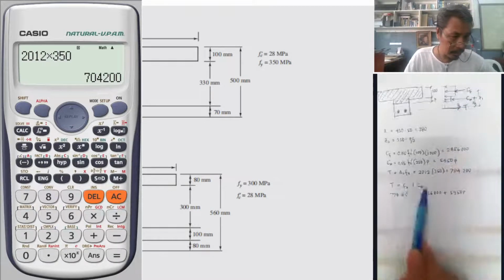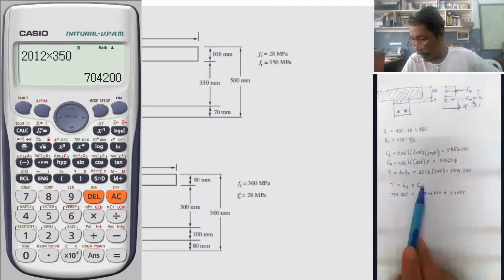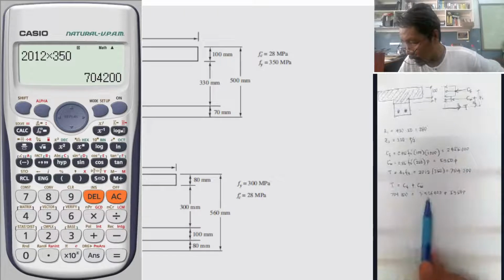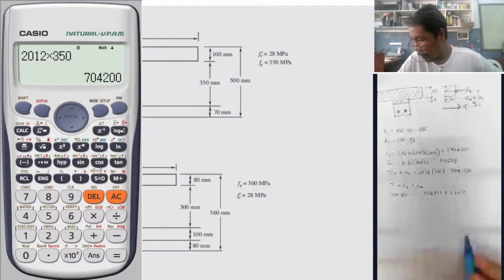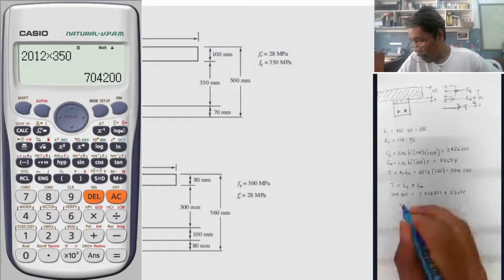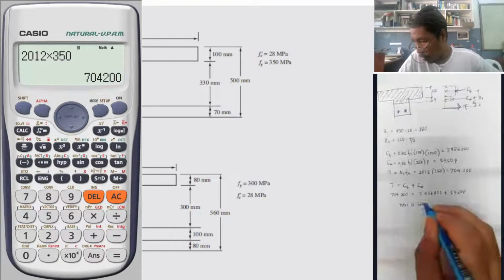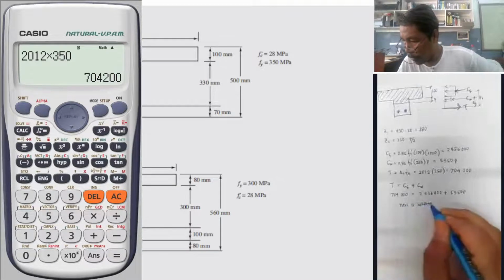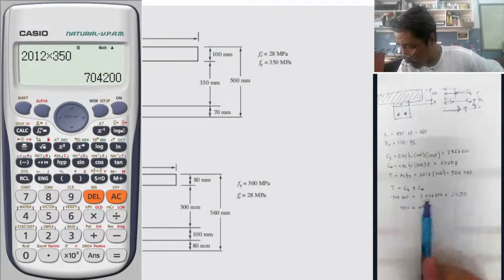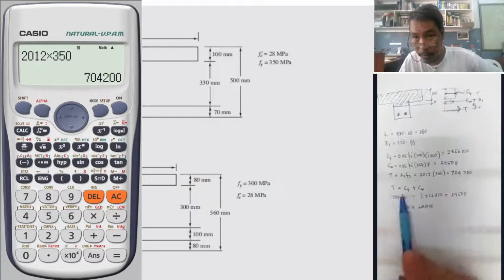This is the equation, and after this we can substitute the values. But we notice that this is wrong. Why? Because this is 2 million and this is 704 thousand.